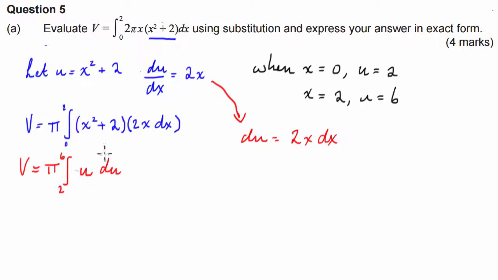Now we're going to take the integral of this new simplified equation. So we're going to have V is equal to pi times the integral of u, which is u to the power of 2 divided by 2, and we evaluate that between 2 and 6.